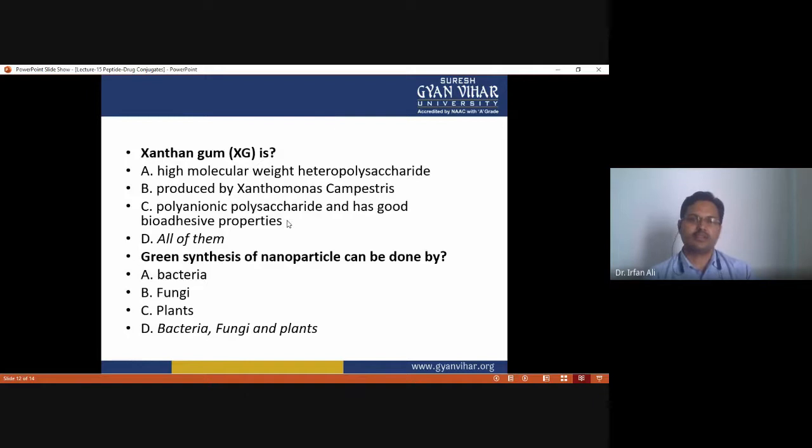Xanthosome is a high molecular weight heteropolysaccharide produced by Xanthomonas campestris, a polyanionic polysaccharide with good bioadhesive property. It is a biodegradable polymer, and this could be used for preparation of artificial blood. Green synthesis of antibiotics can be done by bacteria, fungi, and plants. All of them are used for green synthesis.